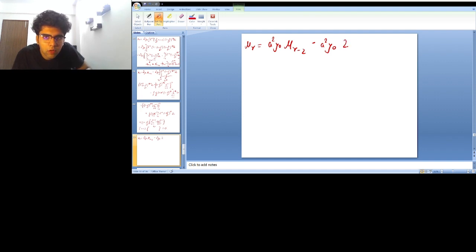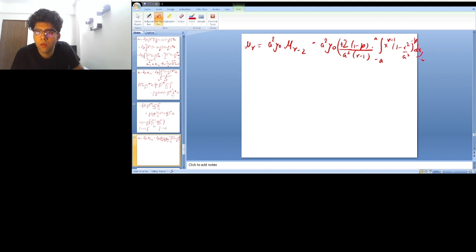So my second term was positive, so this was positive 2 upon a square 1 minus p r minus 1 and the integral of minus a to a x to the power r minus 1 into 1 minus x square upon a square raised to the power minus p dx, right?